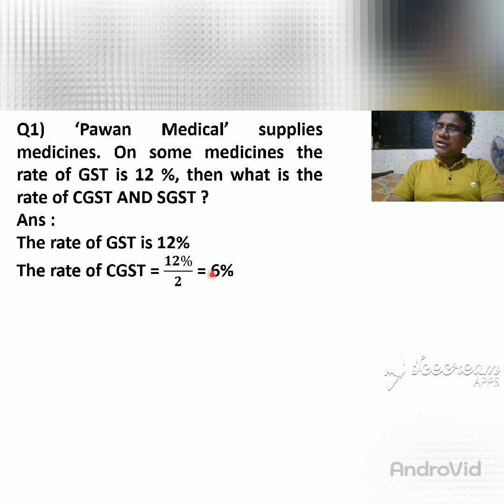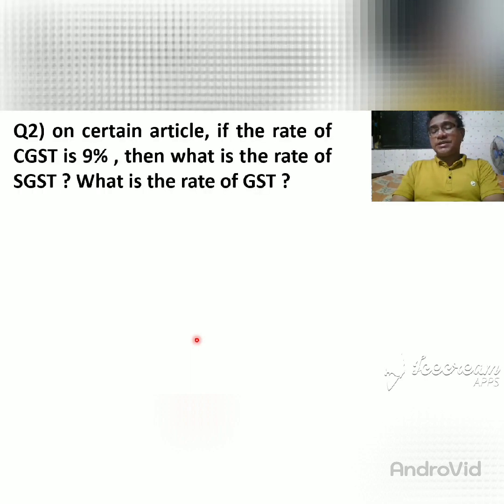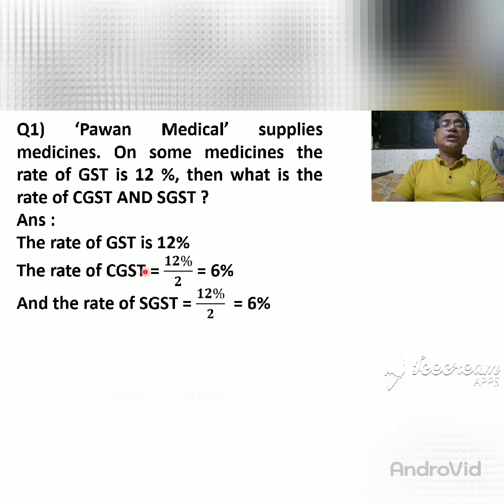Then the rate of SGST is equal to 12 upon 2, GST upon 2, which is also 6. Remember that CGST and SGST are both equal, so CGST is 6 and SGST is 6.